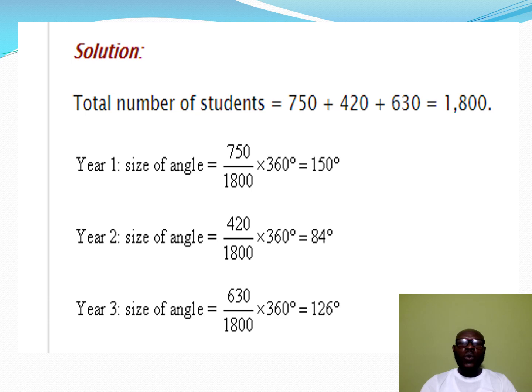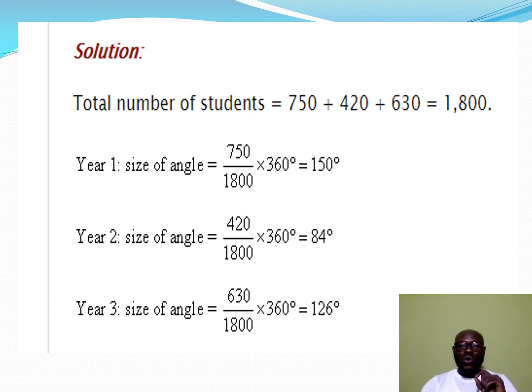What you have to do is to take year 1, which gave us 750, year 2 we are having 420, and year 3 we are having 630. When you put everything together, we get 1,800.